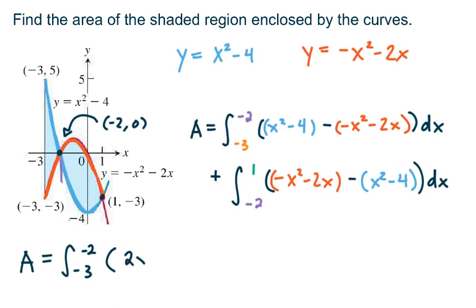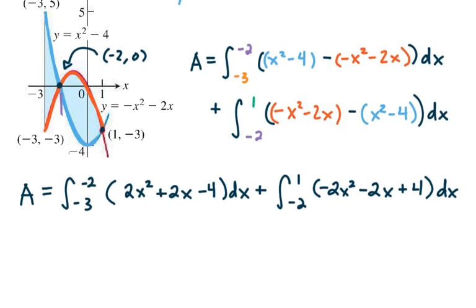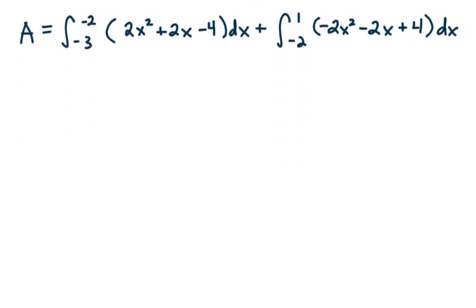So I would have 2x squared minus -2x, that's plus 2x, and then minus 4, plus my integral from -2 to 1 of -2x squared minus 2x plus 4 dx.